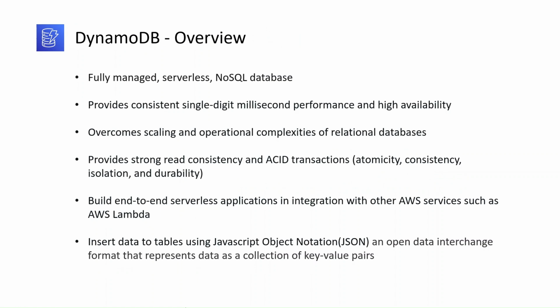We can build end-to-end serverless applications in integration with other AWS services such as AWS Lambda. Insert data to tables using JavaScript Object Notation, that is JSON, an open data interchange format that represents data as a collection of key value pairs.